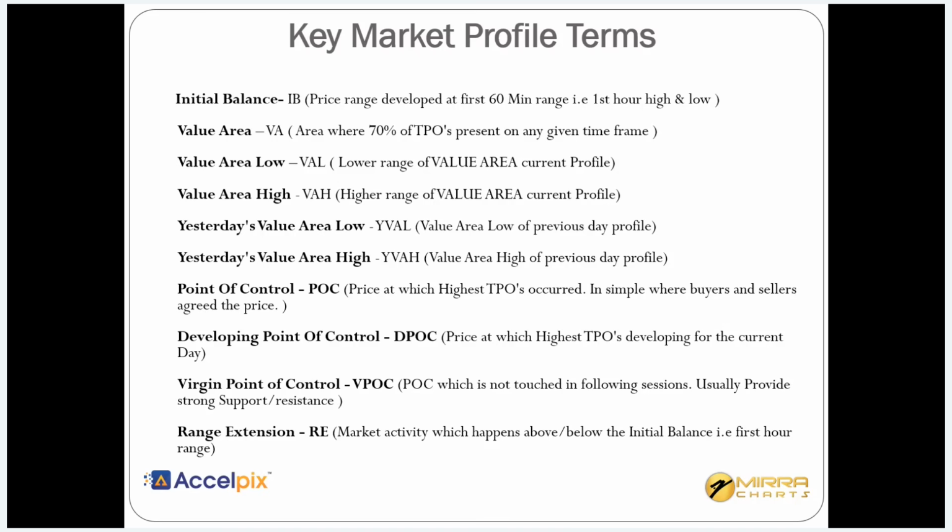And the very important one is the virgin point of control, which I use exclusively for my targets. VPOC is, let's say Nifty had made a 25,100 VPOC. Once it is created, and price tests that 25,100 today or the other day, it will remain a VPOC.